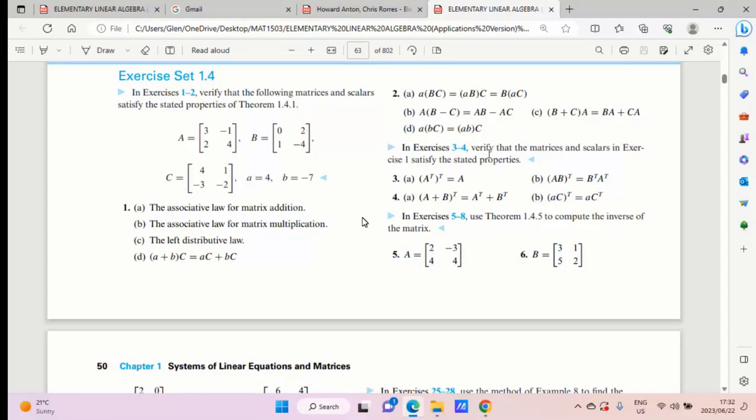What should I write? Let's see. Negative 36? Negative 36. Yes. It's negative 34. Oh, negative 34.